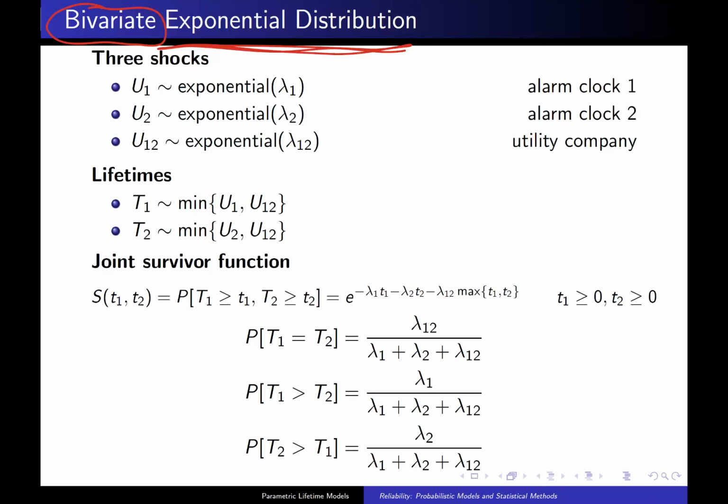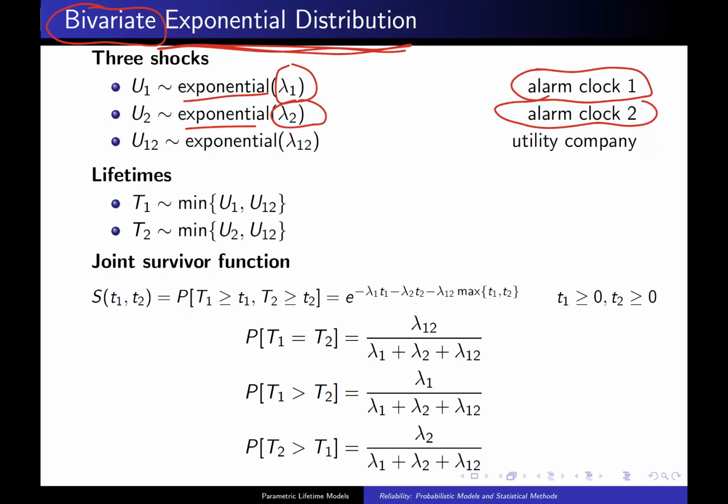Let's say I need to get up early in the morning and catch a flight, and I decide I'm going to set 2 alarm clocks. And this first alarm clock fails overnight with parameter lambda 1. The second alarm clock fails with parameter lambda 2, and in both cases exponentially distributed.